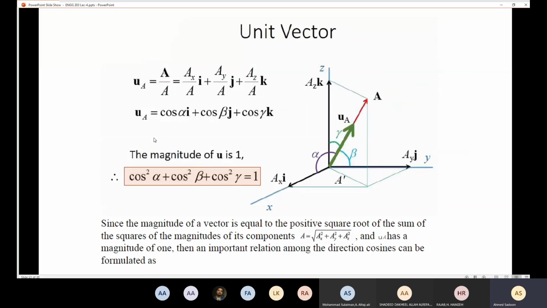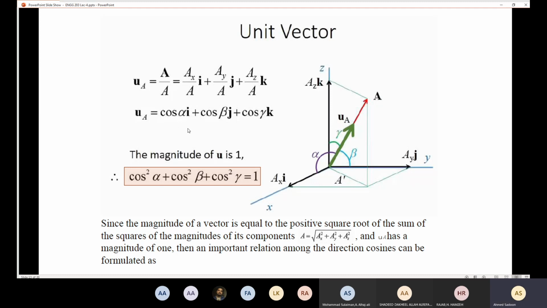Now, we said that the unit vector is going to equal the A vector over A. And we already said that in Cartesian vectors, A is AXi plus AYj plus AZk. And if you are going to divide it over its magnitude, that means you are going to divide each term over its magnitude. So here we are going to have AX over A i plus AY over A j plus AZ over A k. So now we divided each term over its magnitude.